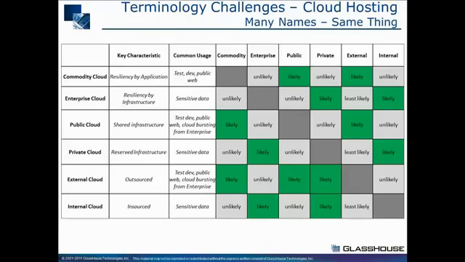If we look at the enterprise cloud, typically we're expecting resiliency by infrastructure, whereas in the commodity cloud or the external cloud, we're looking at resiliency by application. And this is a pretty key differentiation, particularly as the internal cloud will be primarily focused on resiliency through infrastructure.